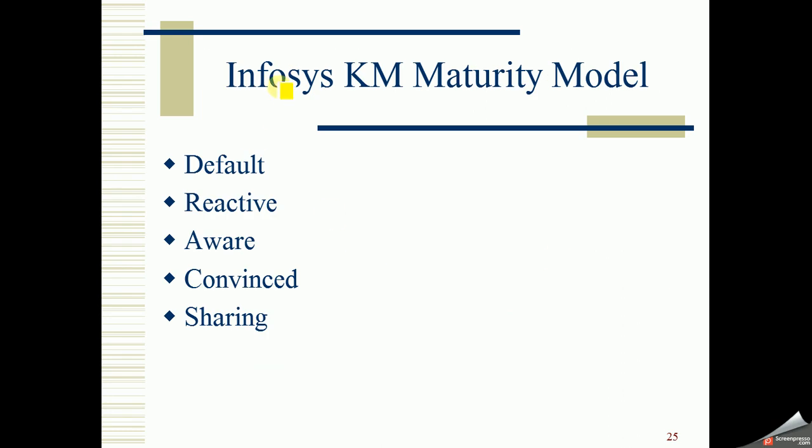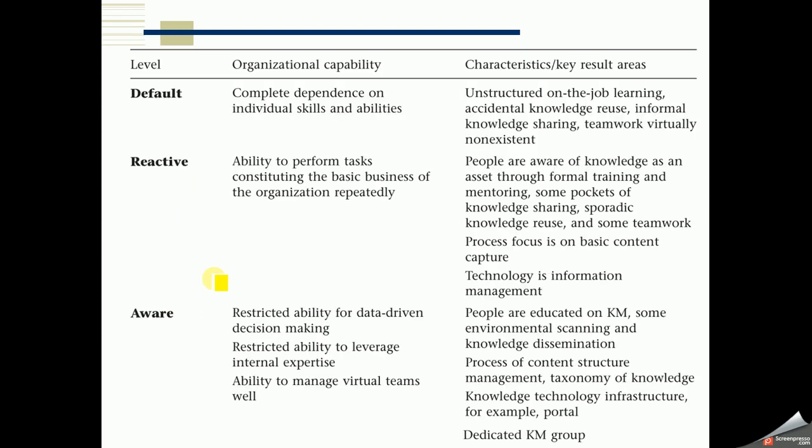The next model is the Infosys KM maturity model. The 5 levels are default, reactive, aware, convinced, and sharing. At the default level, there is complete dependence on individual skills and abilities.